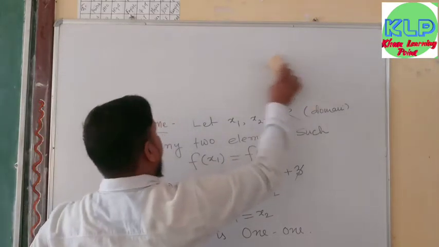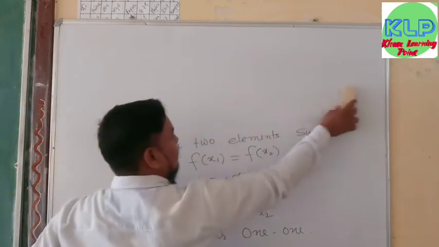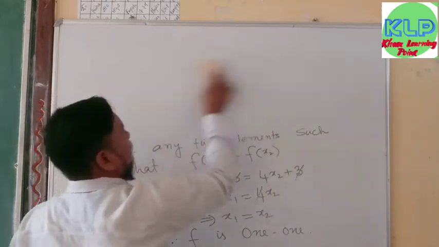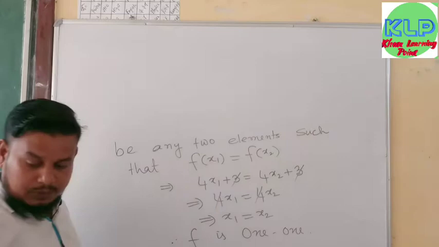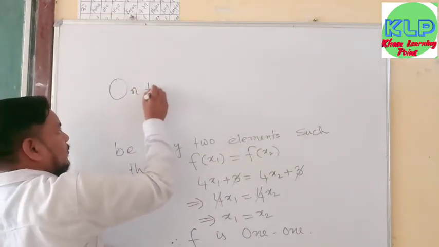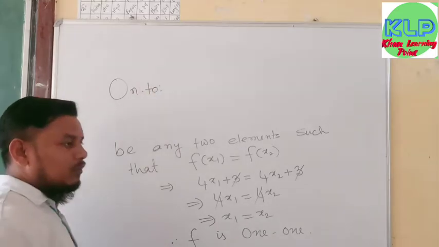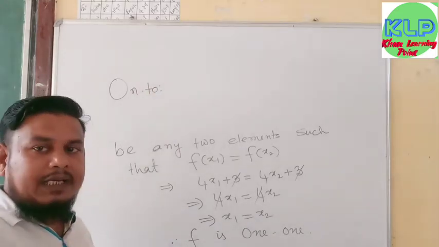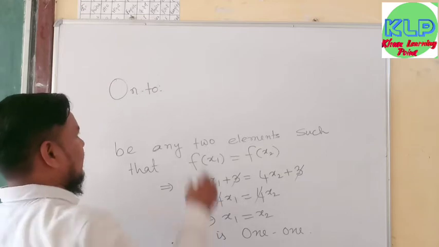Now we are to prove that f is onto. onto के लिए हम लोगों को क्या करना है? कोडोमेन का एक एलिमेंट consider करना है.